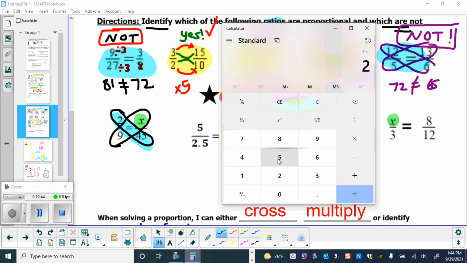Okay, so 2 times 45. So I know it's got to equal a 90. So this other thing, 9 times some number has to equal a 90. Now most of y'all know that that's a 10. So in your brains, you're like, okay, it's got to be a 10. So I want to show you guys that all you got to do is cross multiply and then divide by the other number, and that's it.